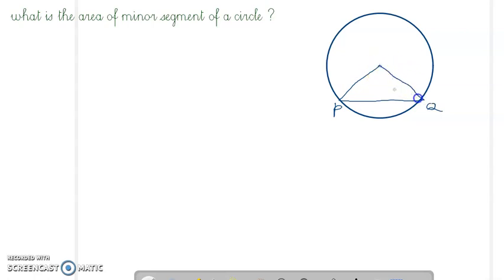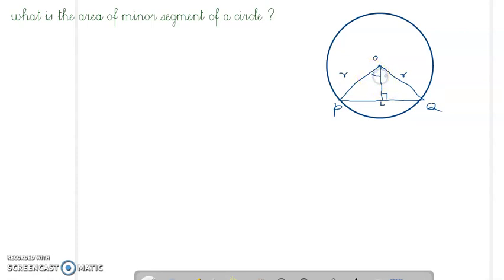OP and OQ are nothing but the radius of the circle r, and let us suppose O is the center of the circle. If you drop a perpendicular from center to the chord PQ, it bisects the chord. We know very well it is the perpendicular drop from center to the chord, and let us suppose this point is L. Now the sectorial angle is theta, so this perpendicular will bisect the angle at the center.